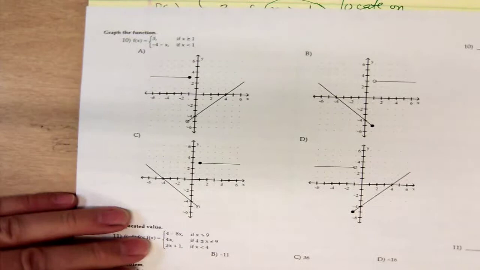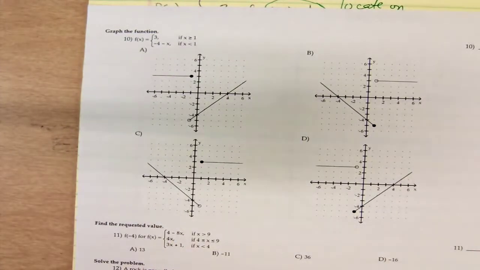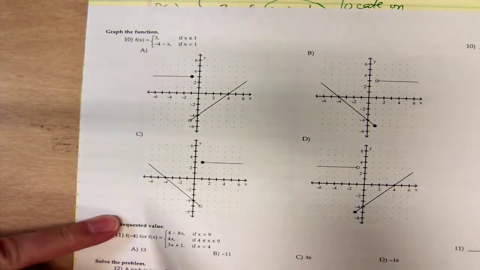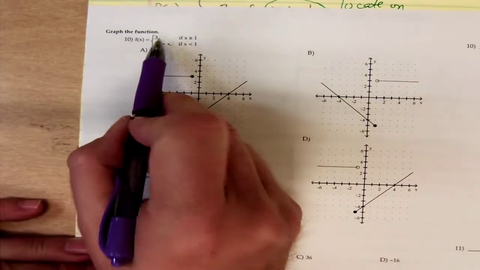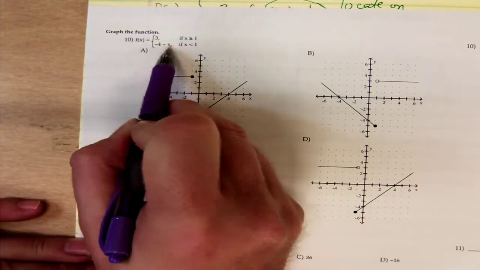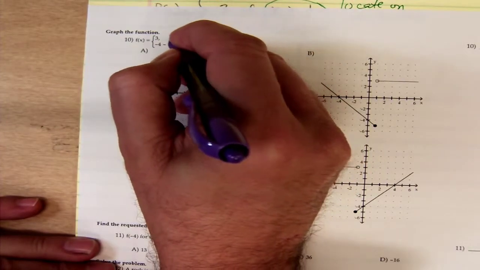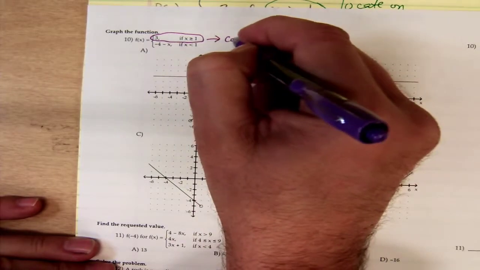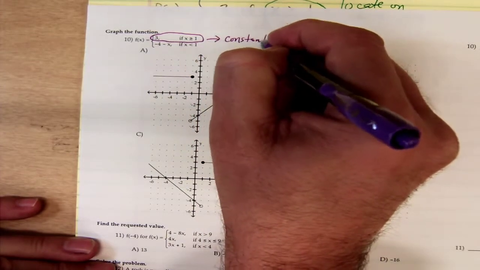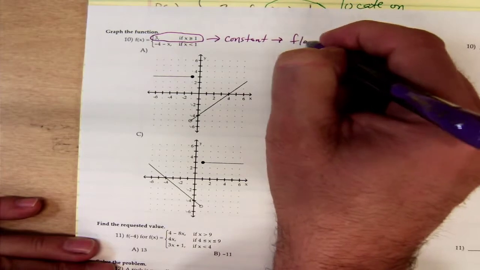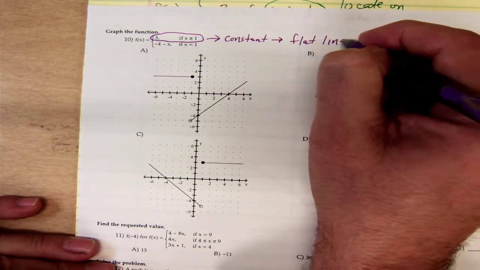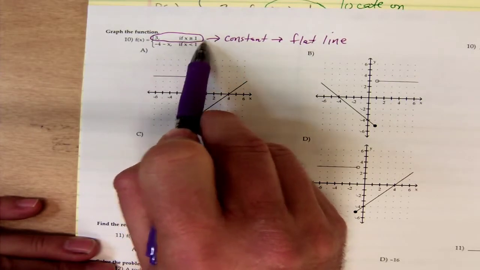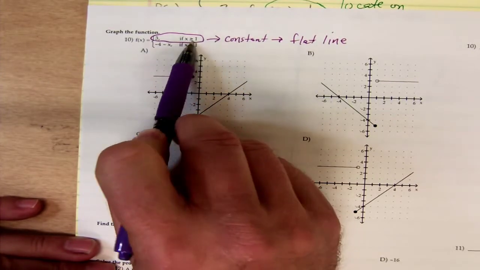Now, sometimes students say, hey, I can do this just by graphical analysis and looking at it. And yes, I'm sure some of you can. To spot the one that doesn't have the x in it, that's the constant function. So a constant function is just a horizontal or flat line. So a flat line to the right of 1 with a closed circle.